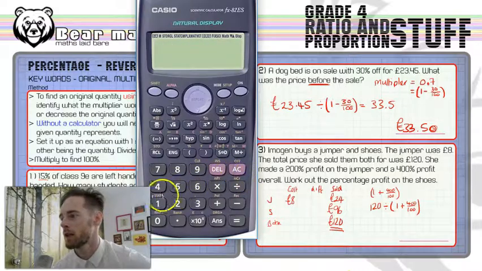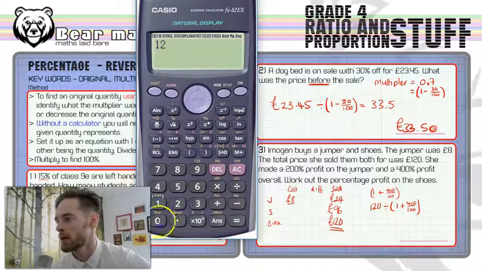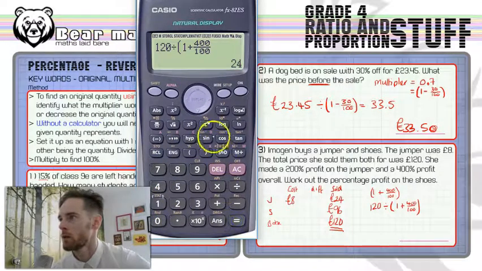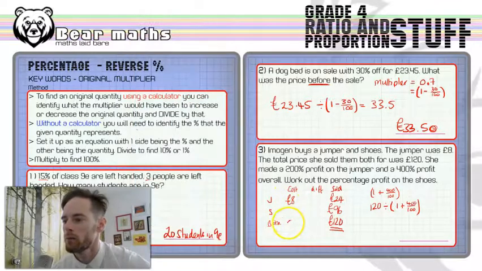I'm going to use my calculator for that. So 120 divided by 1 plus the fraction, 400% increase, gives 24. So both things were bought for £24.